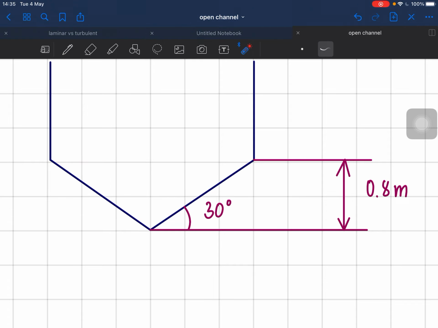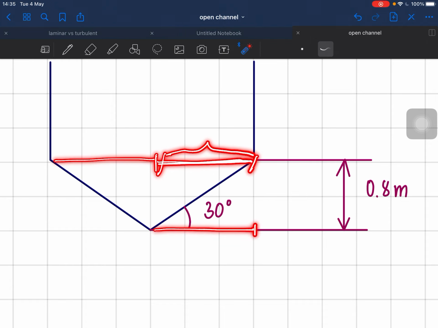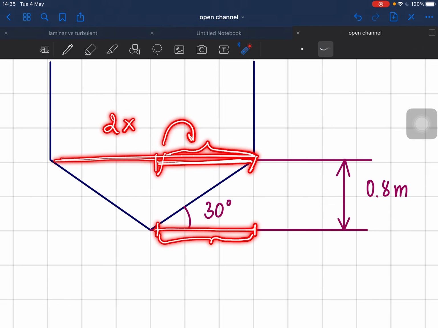If you look carefully, there are two bases here, and this base from here to here is equal to the one from here to here. So the actual base of the triangle is 2 times this base.